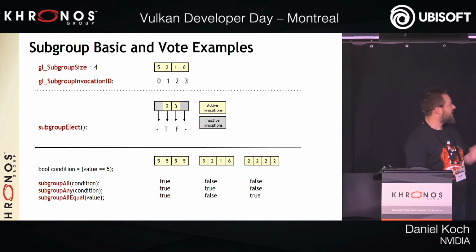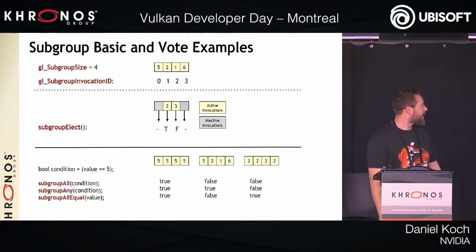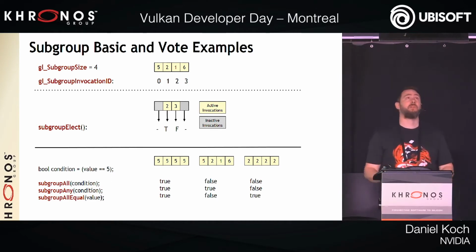The numbers inside them are the data, a specific value in the thread. So when we talk about value, it'll be 5, 2, 1, or 6. The invocations on the left are going to be thread 0, thread 1, thread 2, thread 3, etc. I'm not always going to number the invocations, but that'll be the order that I'm going to be talking about them in.